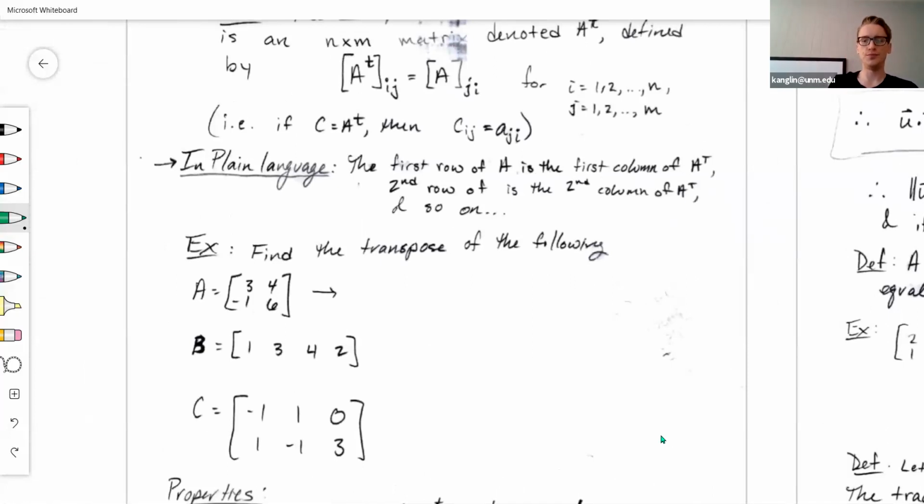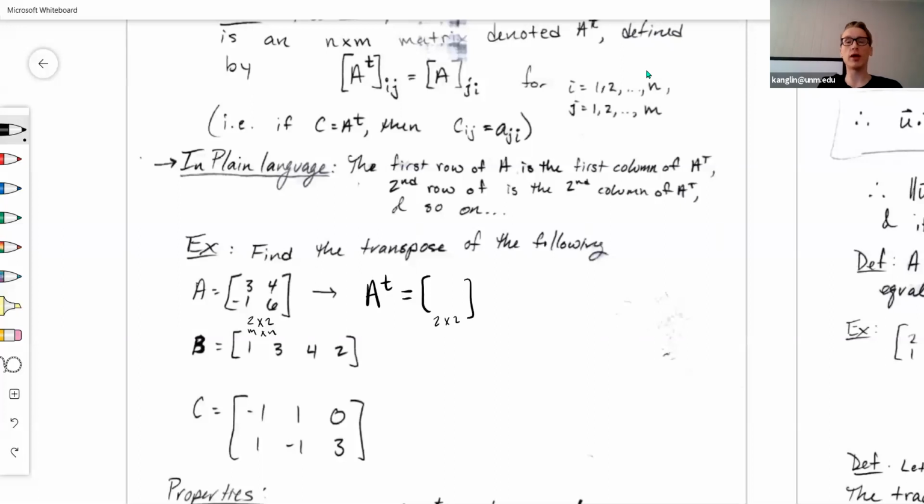To start out, in matrix A here, let's see what we get. If this is our matrix A, then the transpose of A, notice this is 2 by 2, that's our M by N. The transpose just has those reversed, but since the row and column dimensions are the same, we get the same dimension here, also a 2 by 2 matrix.